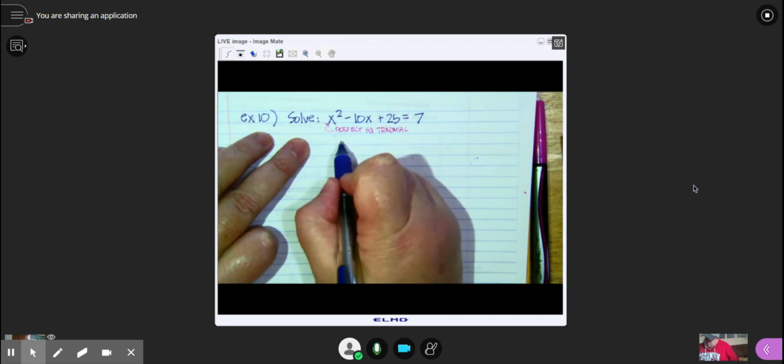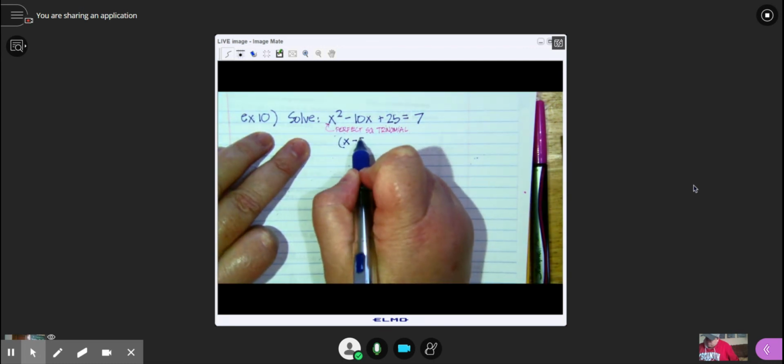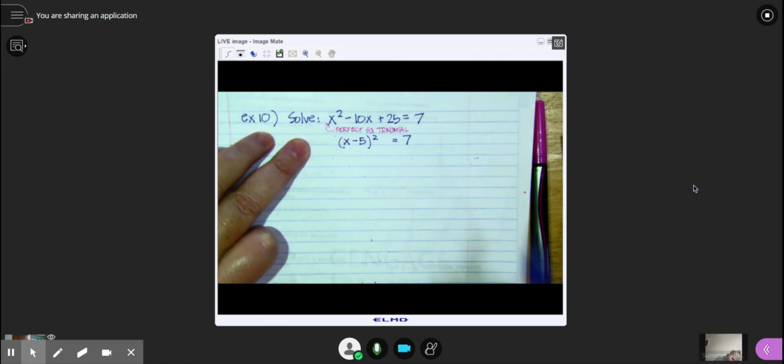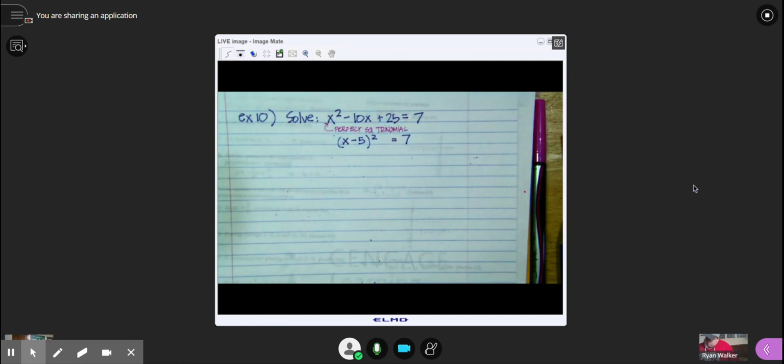So when I factor this out, I'm going to get an x minus 5 squared. Just like you were saying, Summer, x squared minus 10x plus 25, and that'll factor to an x minus 5, x minus 5.